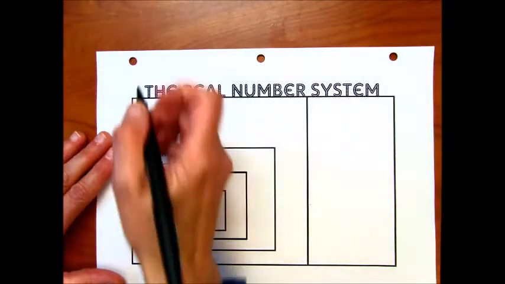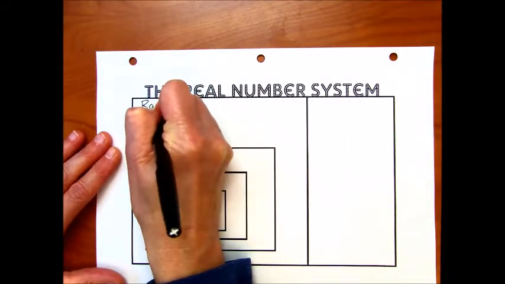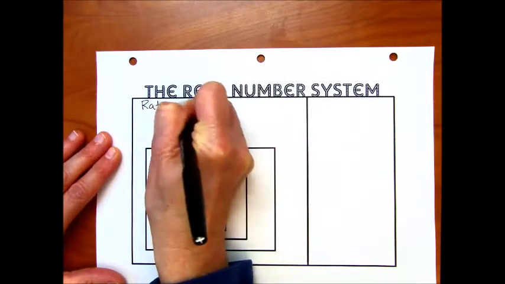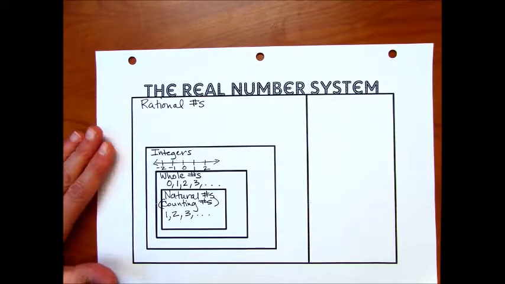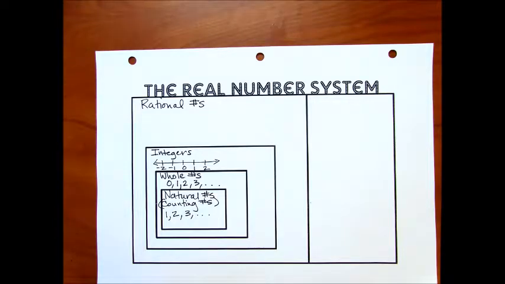Moving up, we have rational numbers. A rational number is any number that can be expressed as a quotient or a fraction, and it could be a repeating or terminating number. Let's get some examples.